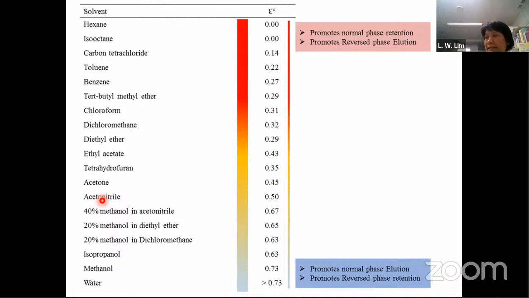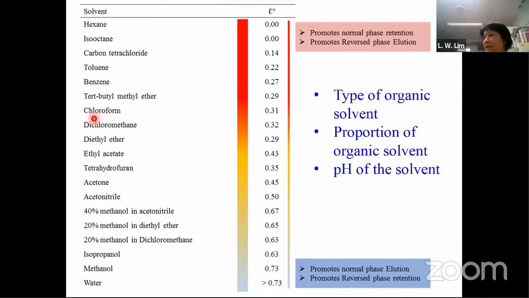So in selecting the eluent, usually we have to consider 3 factors. The first one is the type of organic solvent that we need to choose. The second one is the proportion of organic solvent. And last but not least, we also have to consider the pH of the solvent.